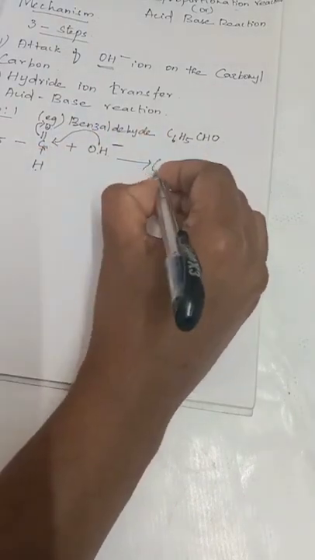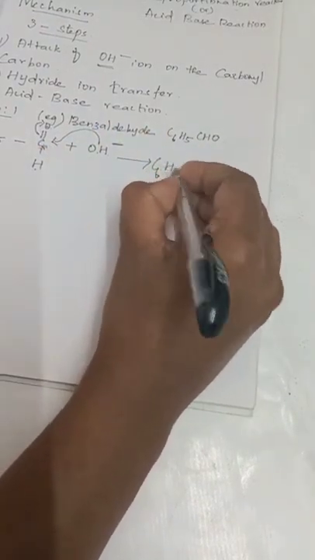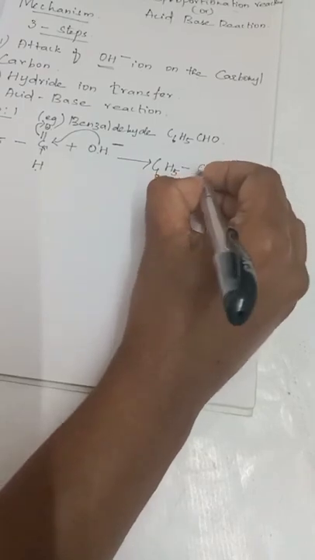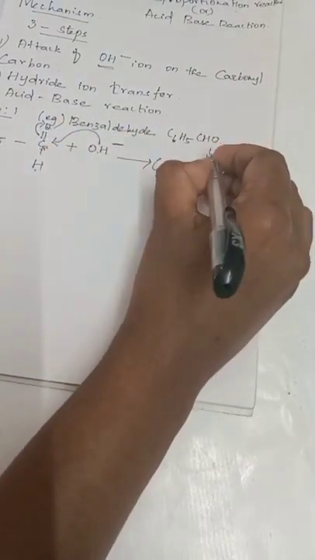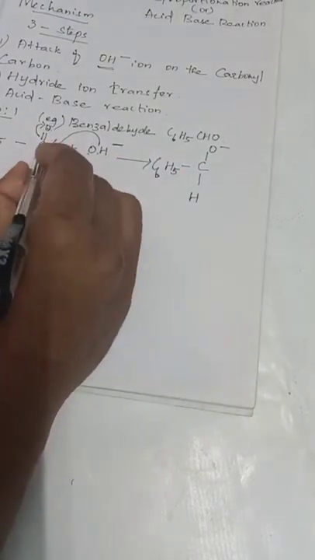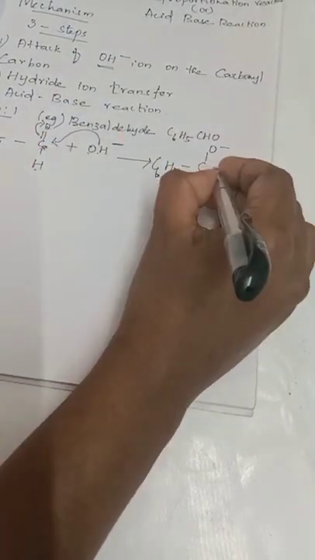Now our product is C6H5, bond, C single bond, with O minus and H, and the OH attached to the carbonyl carbon. This is the first step product.